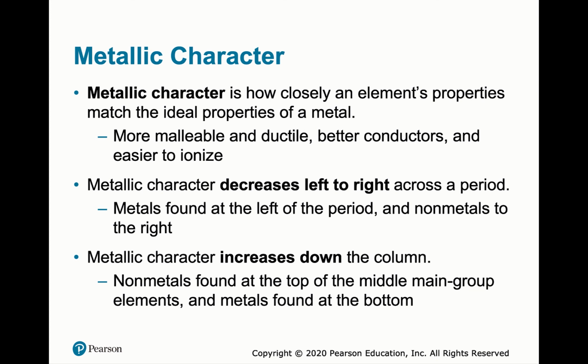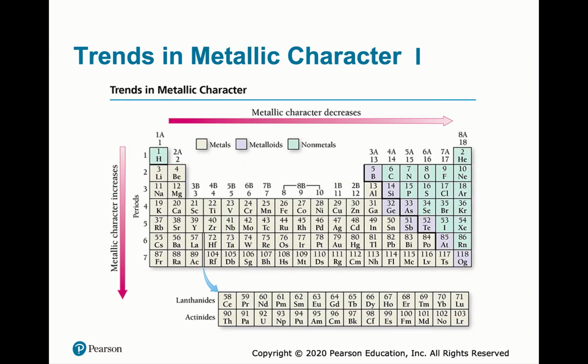So the further you move to the right, the less metal-like an element is, and going down a column, the more metal-like an atom becomes. If you look here, metallic character decreases going to the right, and metallic character increases going down, which also mentions hydrogen. You can see hydrogen.